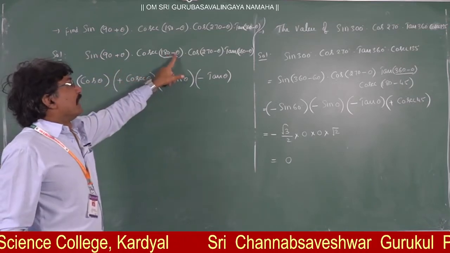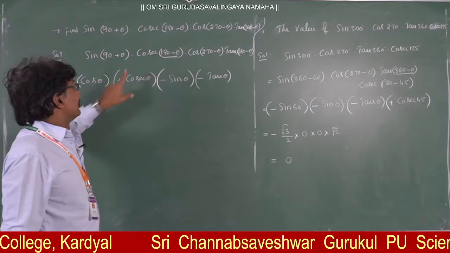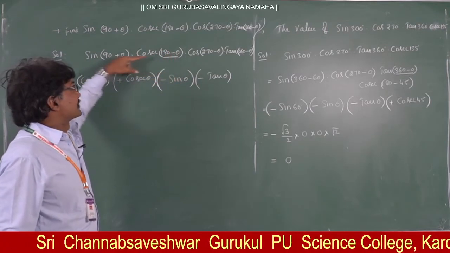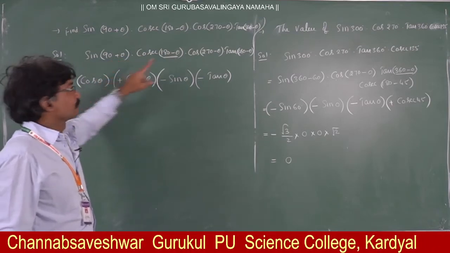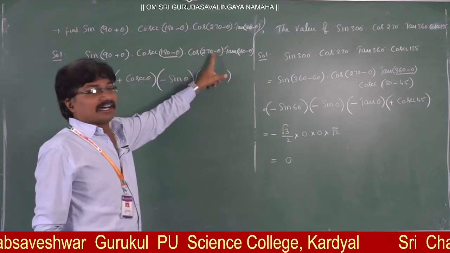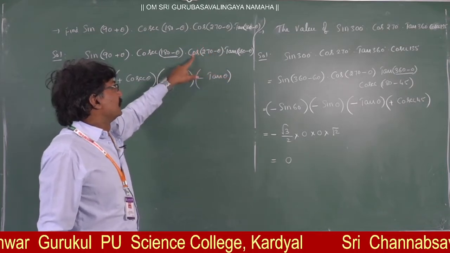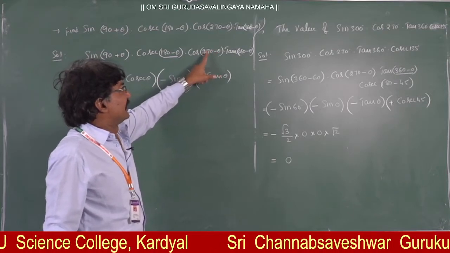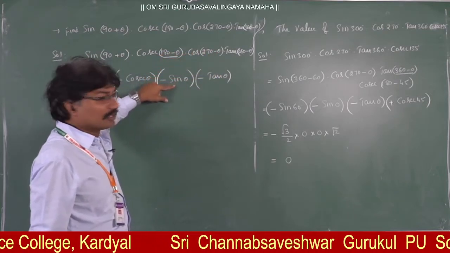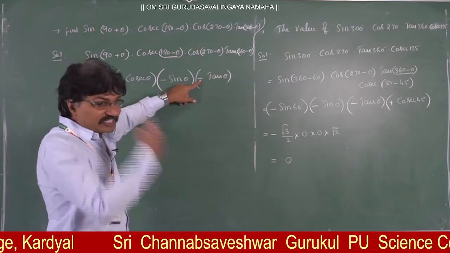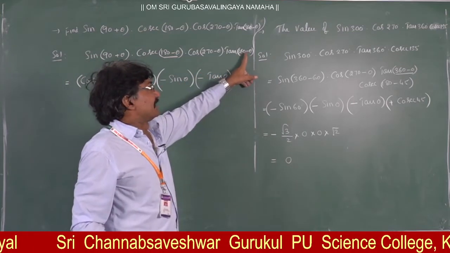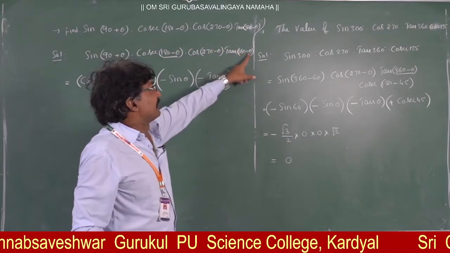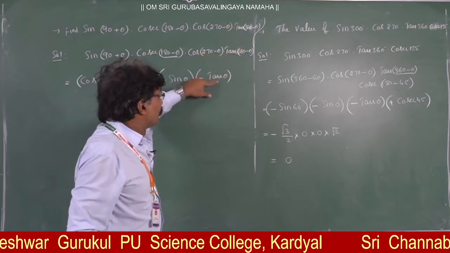Second value, 180 minus theta, second quadrant, cosecant positive, cosecant no changes. 270 minus theta, third quadrant, cos negative, cos will be changed to sin. Next, 360 minus theta, fourth quadrant, tan negative, tan no changes.